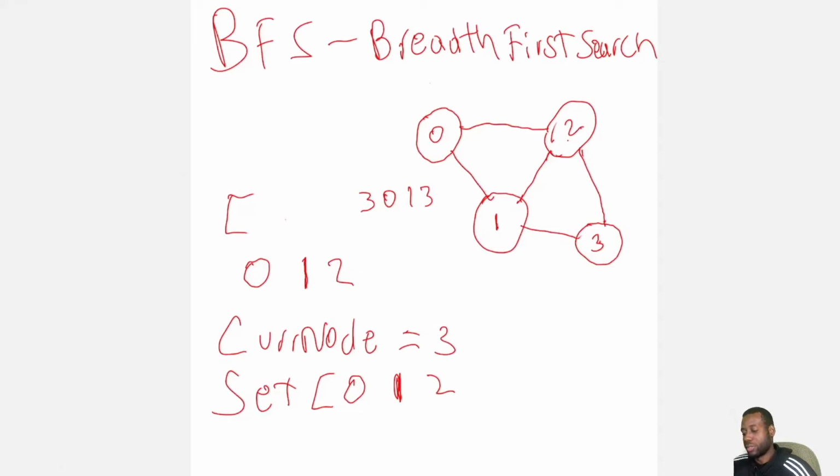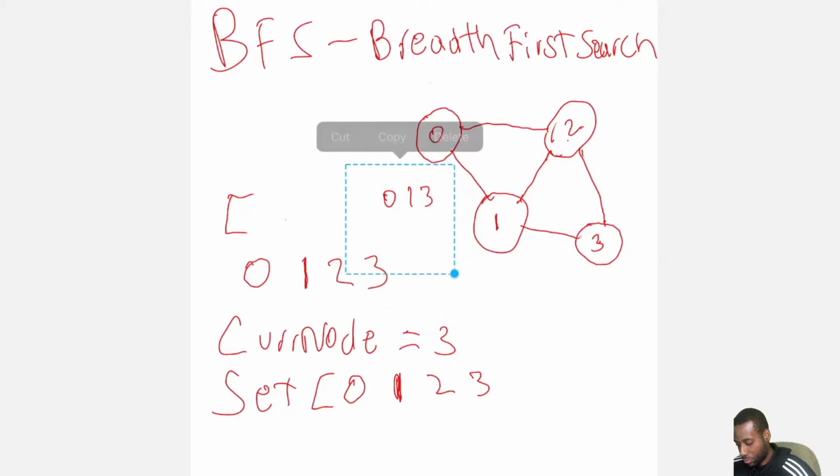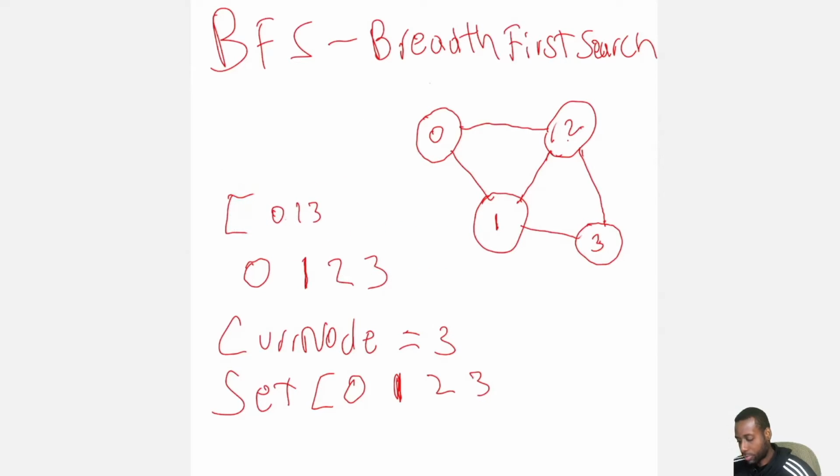So now we're going to visit 3. We add 3 to the set, and then we also print 3, guys, to make sure that we do that. Very, very important. And then we pop 3 off, and 3 is also going to add its neighbors.